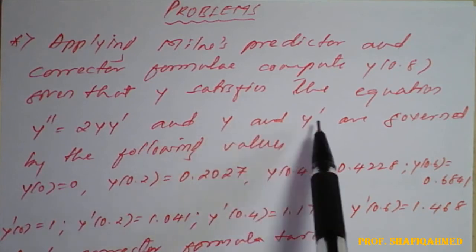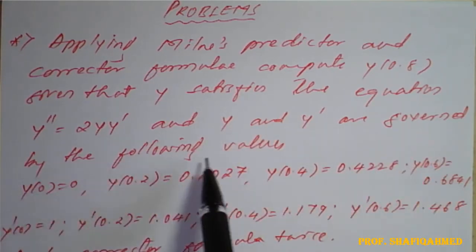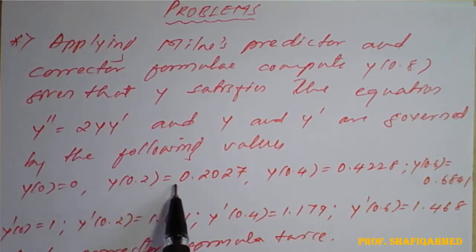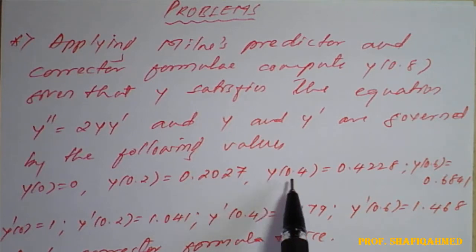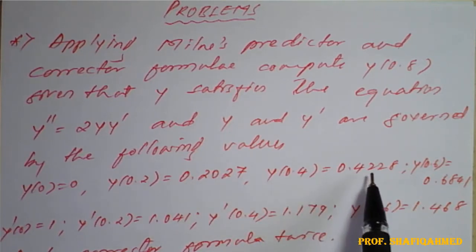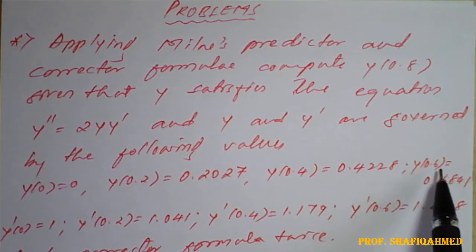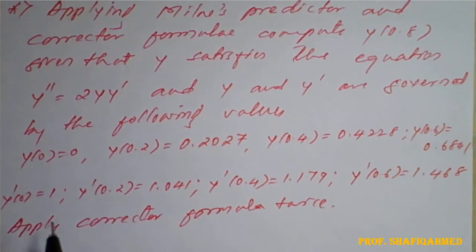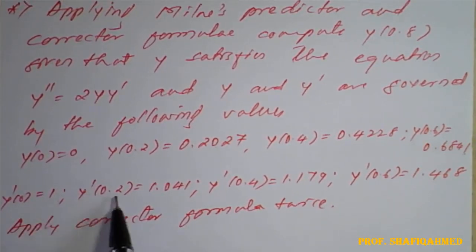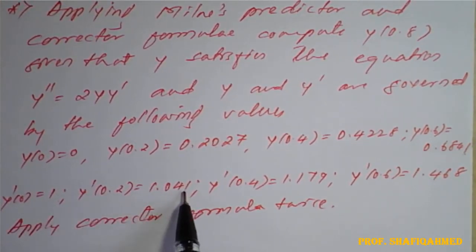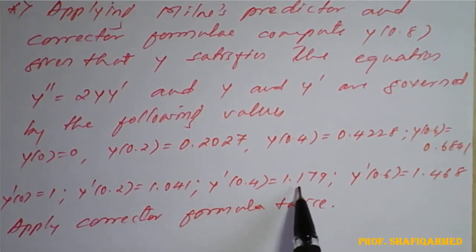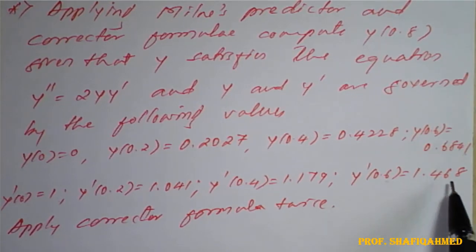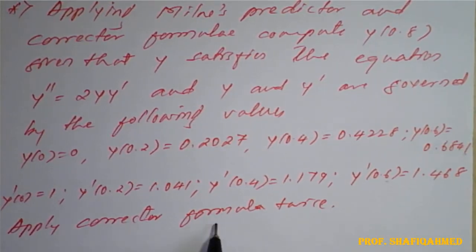They have given y of 0 equal to 0, y of 0.2 is 0.2027, y of 0.4 equal to 0.4228, y of 0.6 equal to 0.6841, and y dash of 0 is 1, y dash of 0.2 is 1.041, y dash of 0.4 is 1.179, and y dash of 0.6 is 1.468. So apply the corrector formula twice.